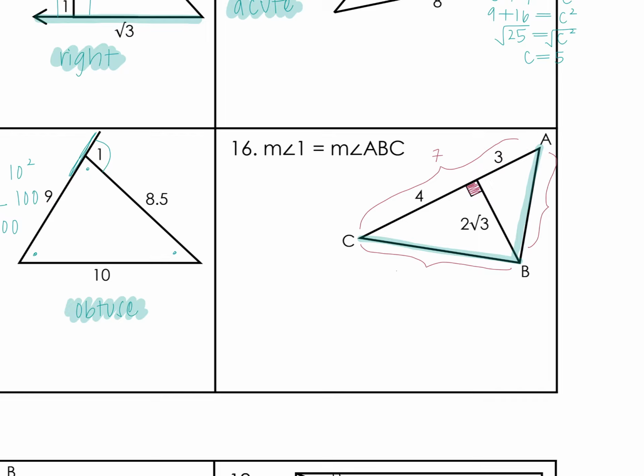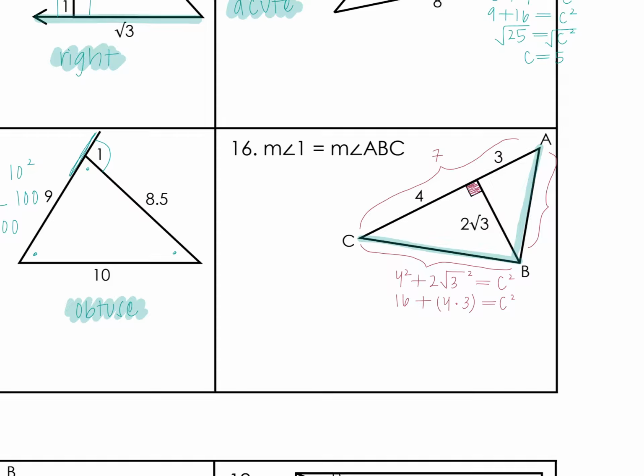We'll get that 4 squared plus 2 root 3 squared will be equal to my c squared. So 4 squared will give me 16 plus that 2 root 3 squared. So 2 squared is 4, and then my root 3 squared is just going to be 3, equals that c squared.